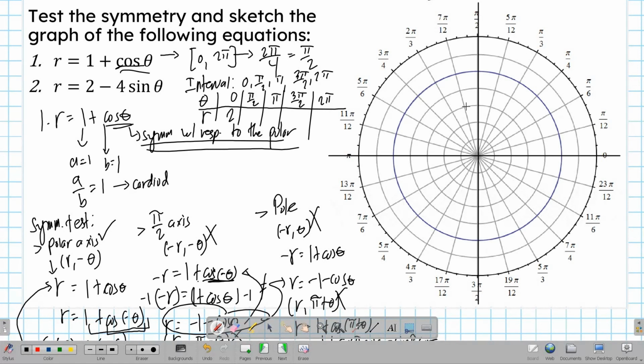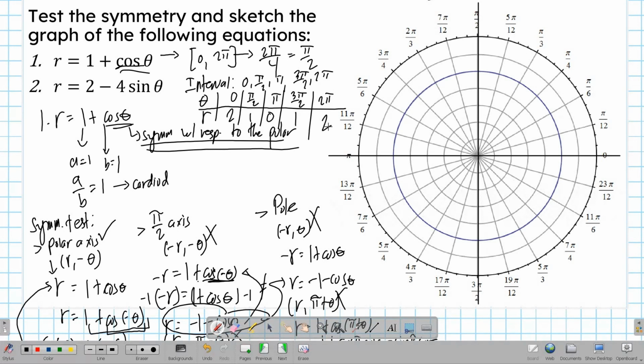Cosine pi over 2 is 0, so that's 1 plus 0, that makes it 1. Cosine pi is negative 1, so 1 plus negative 1 is 0. Cosine 3 pi over 2 is 0, so that's 1 plus 0, which is 1. And cosine 2 pi is 1, so 1 plus 1 gives 2.